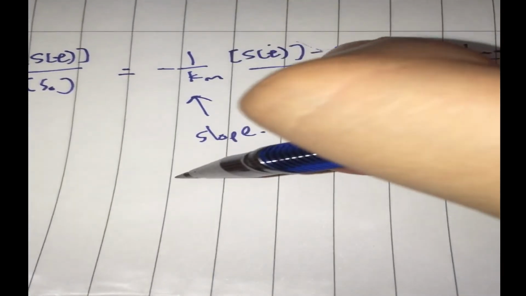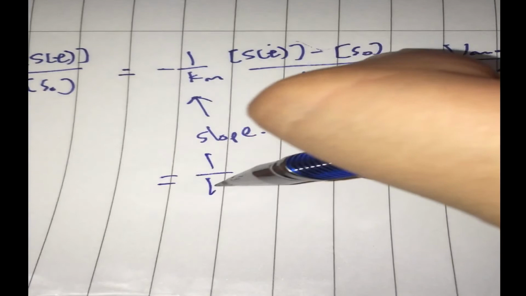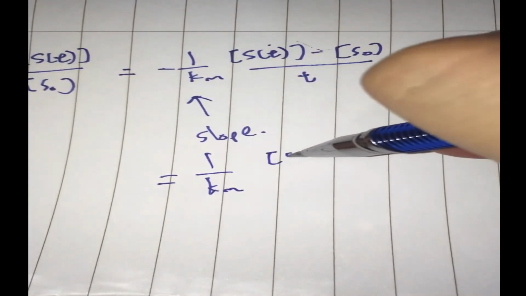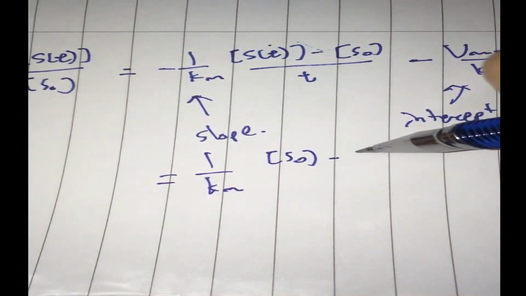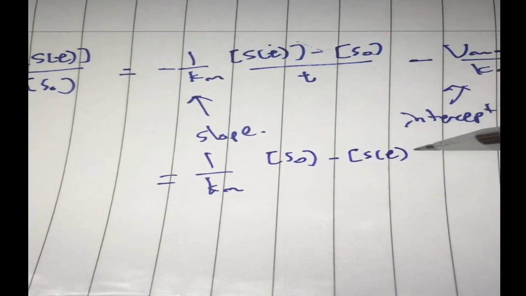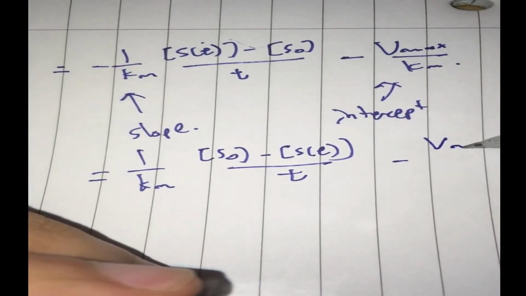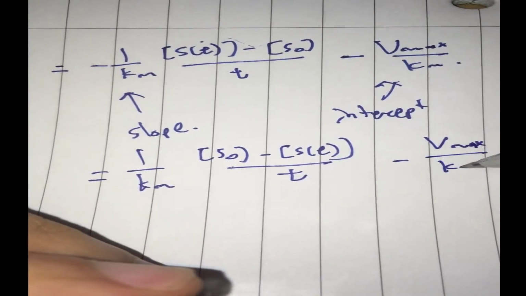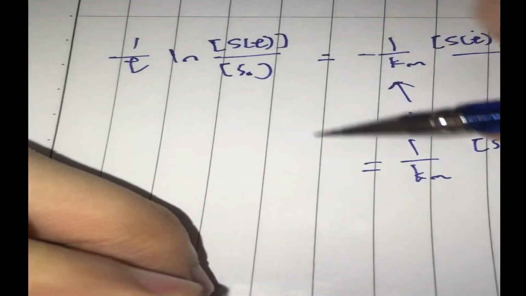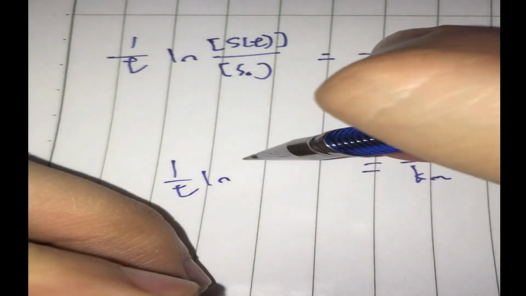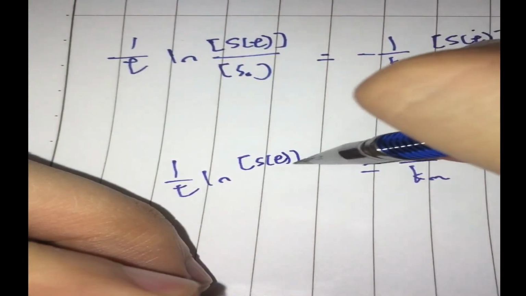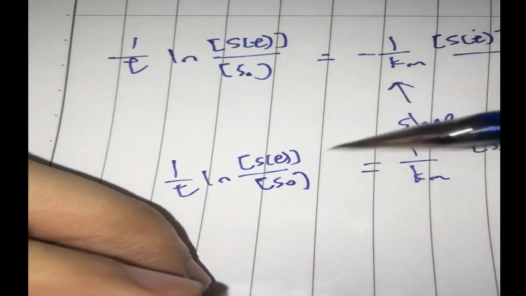Let's swap the positions of the central variable. 1 by Km, S naught minus St over t, minus Vmax over Km, t ln St over S naught.